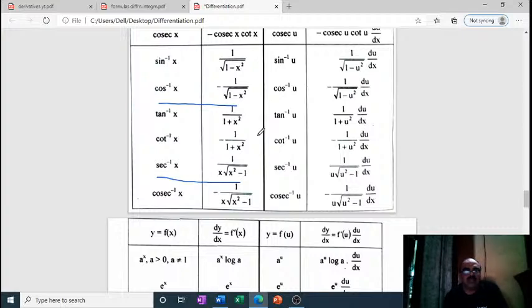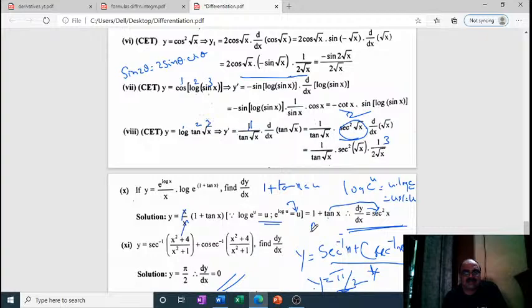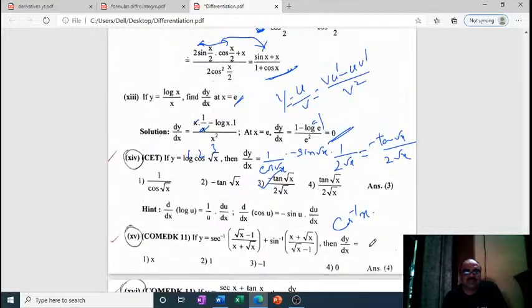Differentiation. My question is not this. My question is: is cos inverse x equal to secant inverse of 1 by x? How do we get to know? Take secant inverse x as equal to theta.